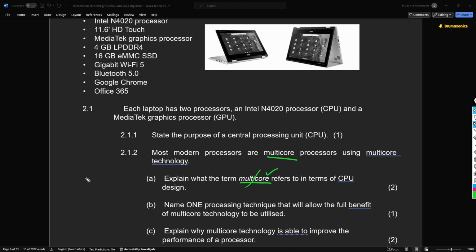So let's say that we have a chip, just that I don't have pictures, but the CPU, and a chip in terms of the system design and so forth.